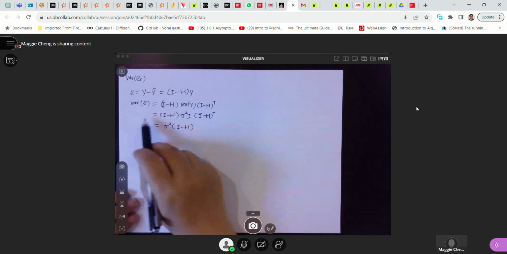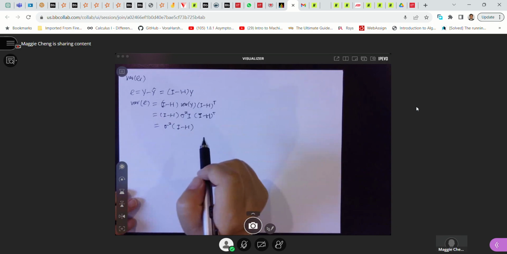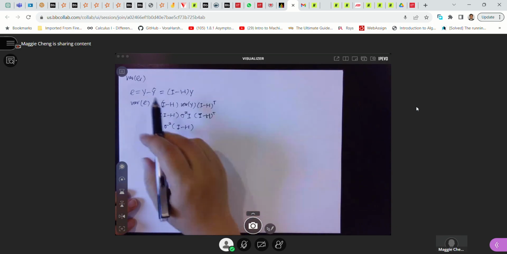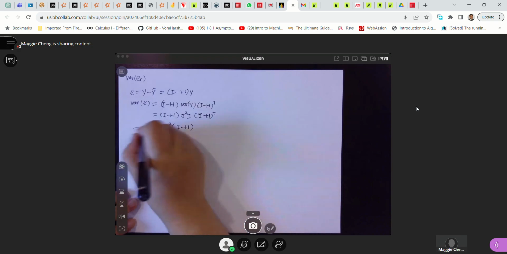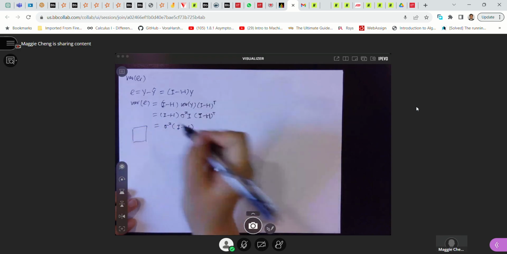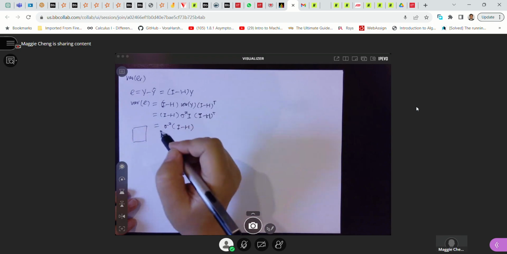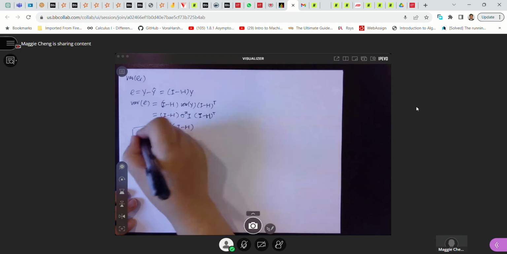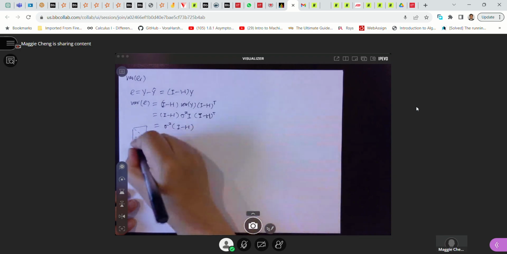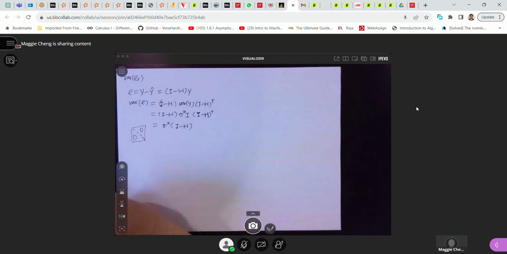All right, now we have variance of E, and we also know all the Ei are independent. In that case, the variance here is a matrix. The off-diagonal positions will have to be 0 because Ei are independent. So Ei and Ej have 0 covariance. So you only have a diagonal. Off diagonal is 0.